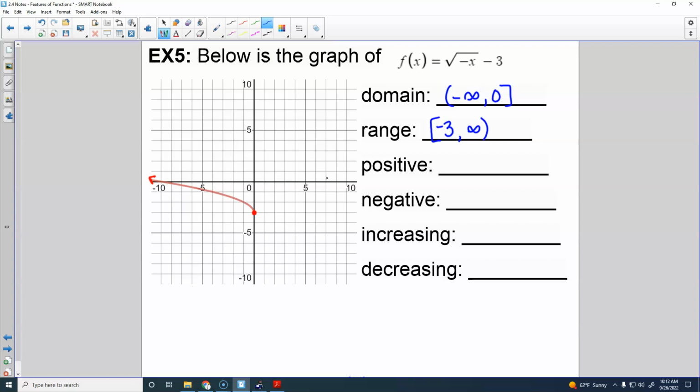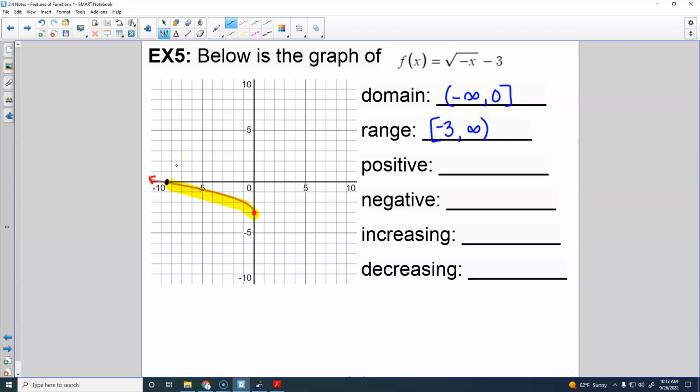The next thing we need to do is look for positive and negative. I'm going to look at the negative part first just because it's easier to highlight on my graph here. So I have this section that I want to talk about. I need to know where this crosses right here, where that x-intercept is.